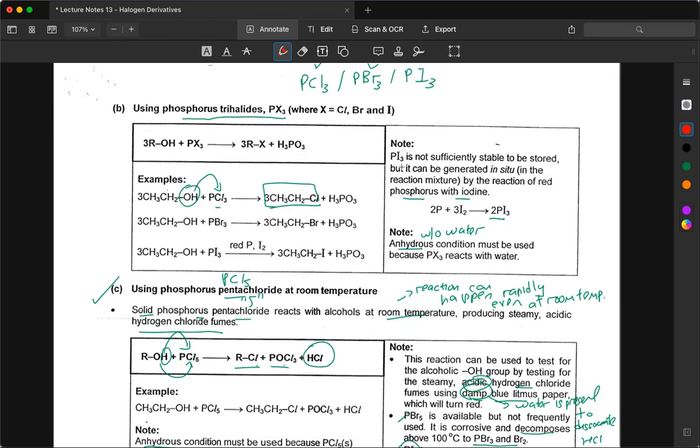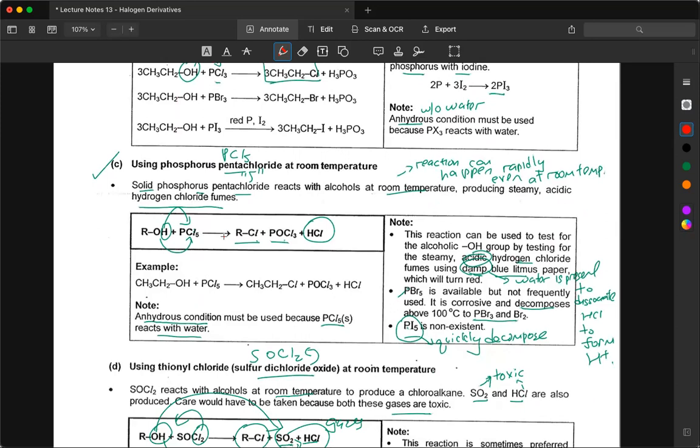PI3 alone is not sufficiently stable to be stored, so it has to be generated in situ during the reaction itself by the reaction of red phosphorus with iodine. The condition must be anhydrous, because if there's water available, it will react with PX3. So these are the examples of reactions involving phosphorus trihalides to prepare our halogenoalkanes.